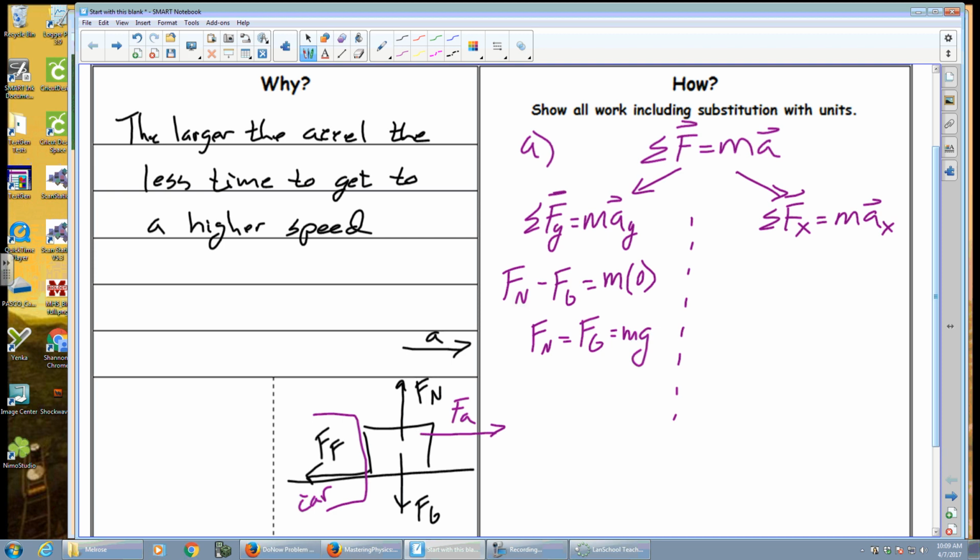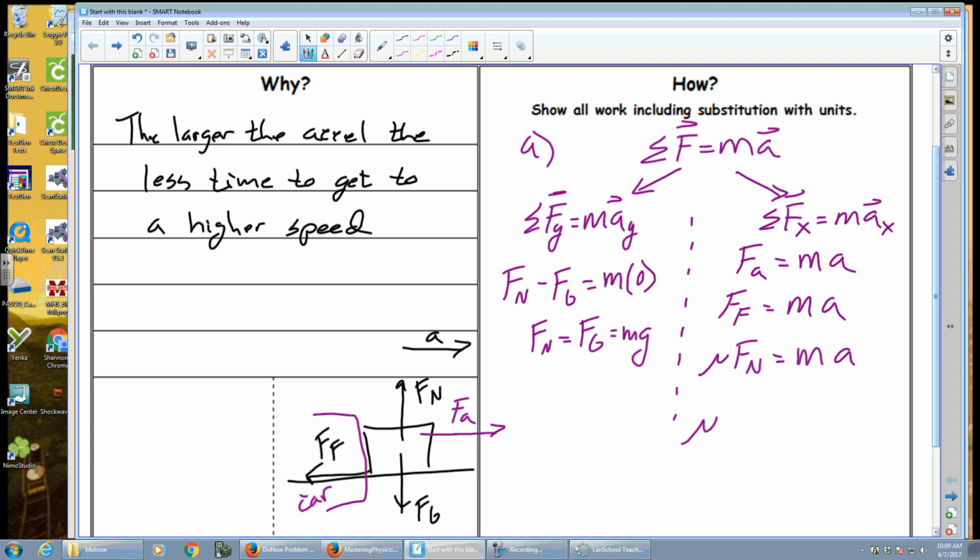Over here, really I'm going to have the force applied equals ma. But I know that force applied comes from friction, so I'm going to replace it with the frictional force equals ma. And of course, frictional force is mu force normal.